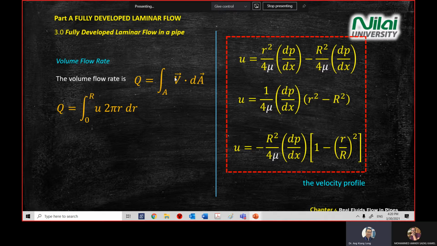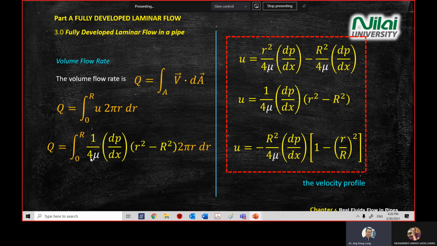So the velocity is u, and u here is any of the three equations that you see on the screen. Any of these three works for this equation. If you take this velocity profile times the area, you are able to find the volume flow rate.